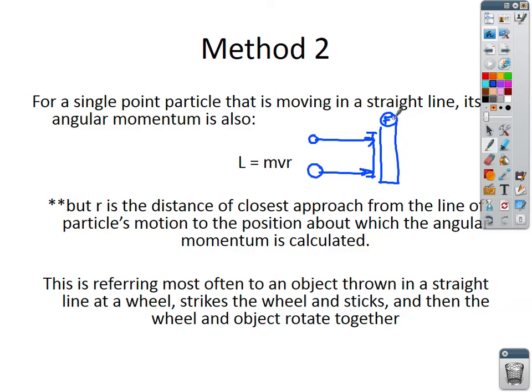So the larger the R, the more angular momentum can be converted or transferred to another object. So R is the distance of the closest approach between where the object hits and the fulcrum of the object itself.